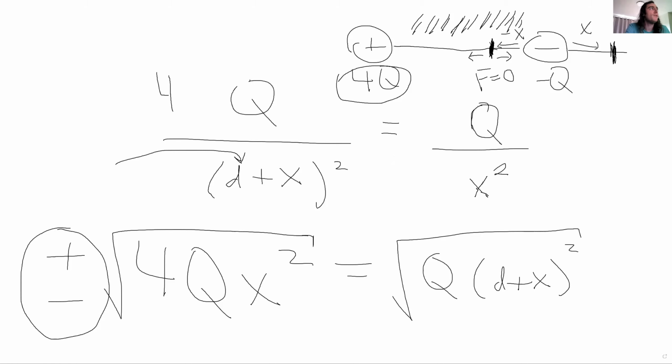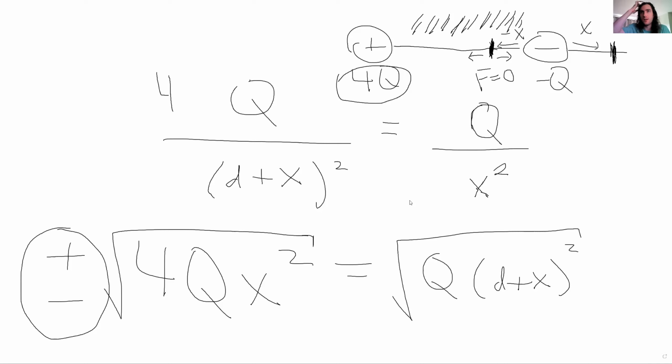Okay, quick comment before we move on to electric fields. Look at these expressions here. On the left side, we have Q over R squared. On the right side, we have Q over R squared. This is basically the same exact problem as the following: where is the electric field equal to 0?